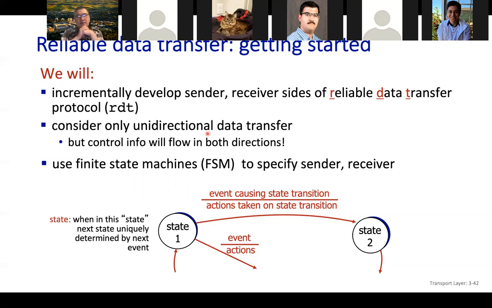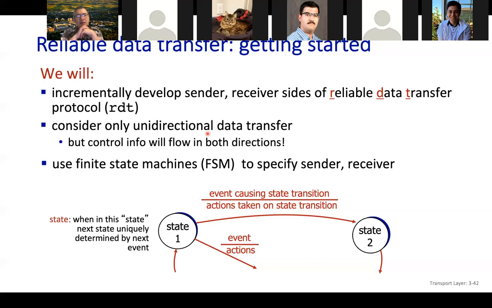FSM is a very important research area. I know some professors who work in this area for their whole life, right? A finite state machine can be very useful in many applications and scenarios.